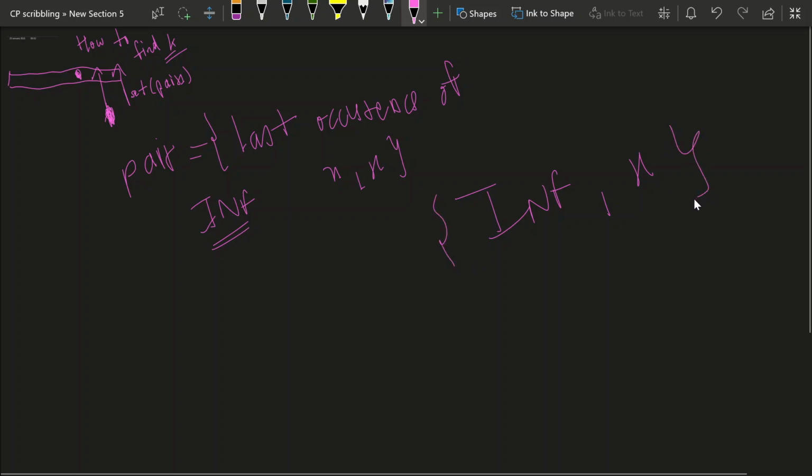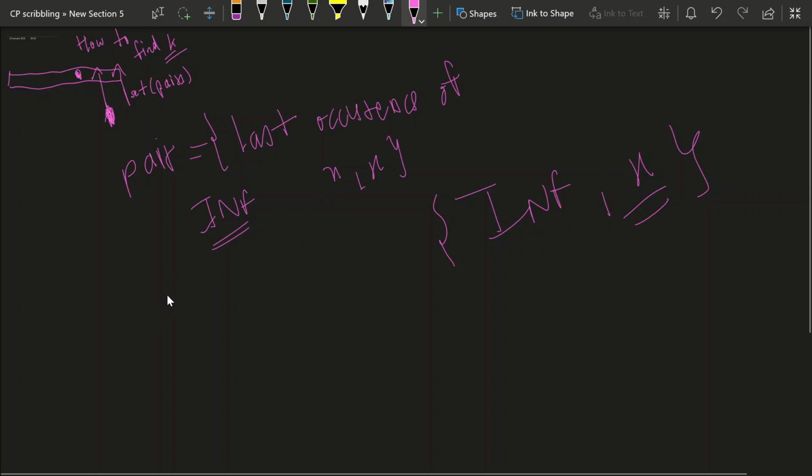These will be your pairs in the set. And obviously all of these pairs will be distinct, because the x will be different as you're considering all the values from 0 to m minus 1. So this is how you will store your pairs in the set.